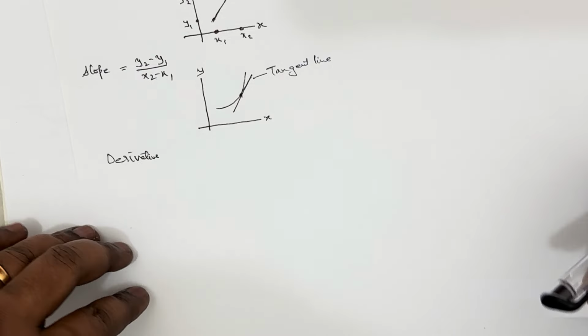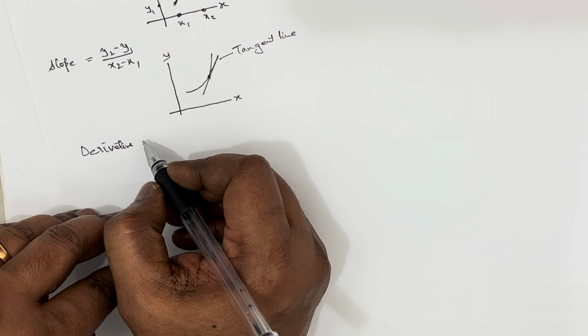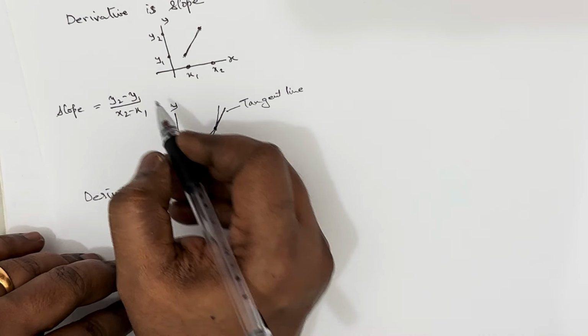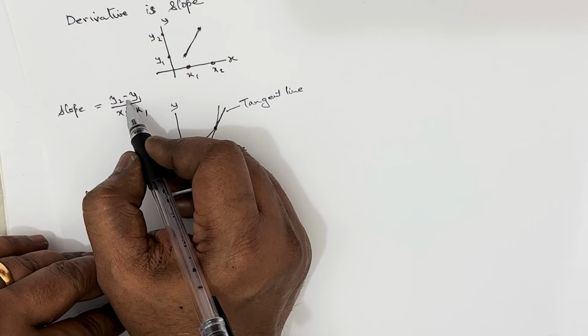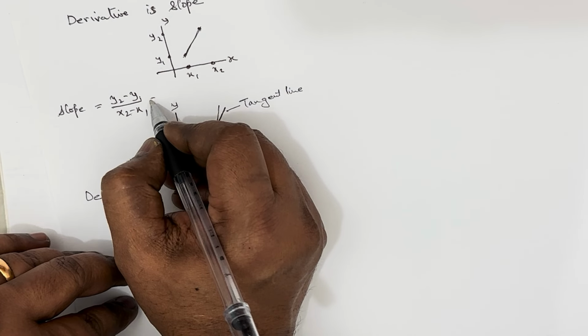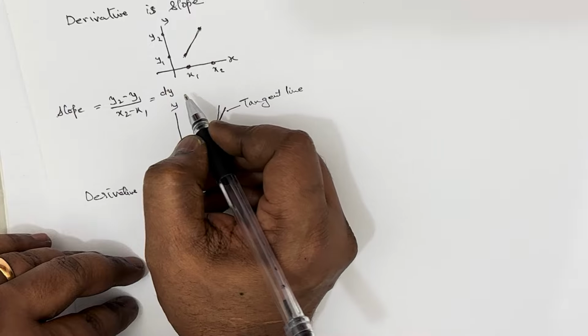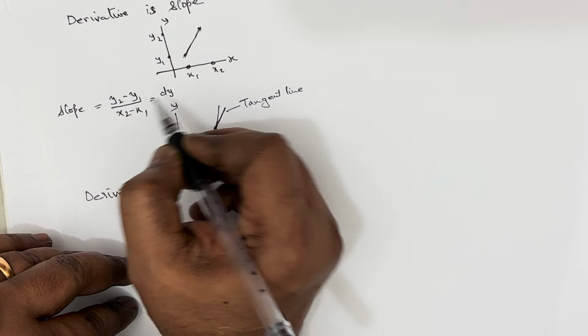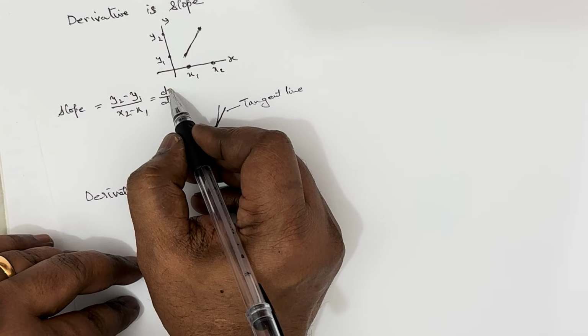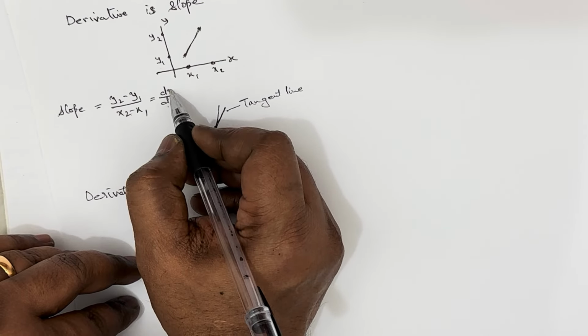Now the notation used for derivative is, you see this is y2 minus y1, so this is the difference. We can write this as difference of y, dy. And this is difference of x, dx. Difference of y upon difference of x, that is dy by dx.